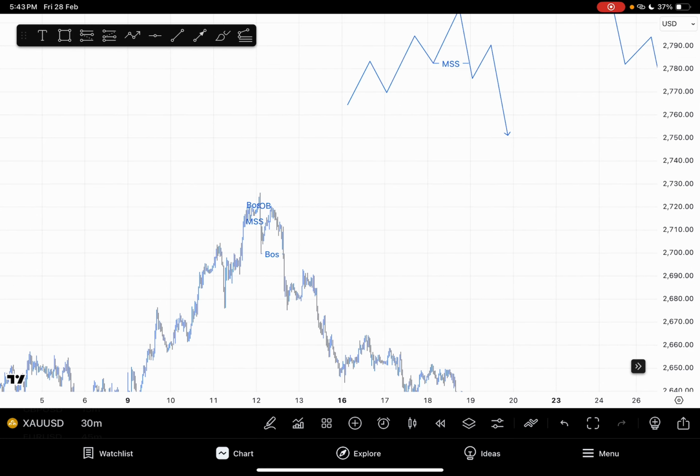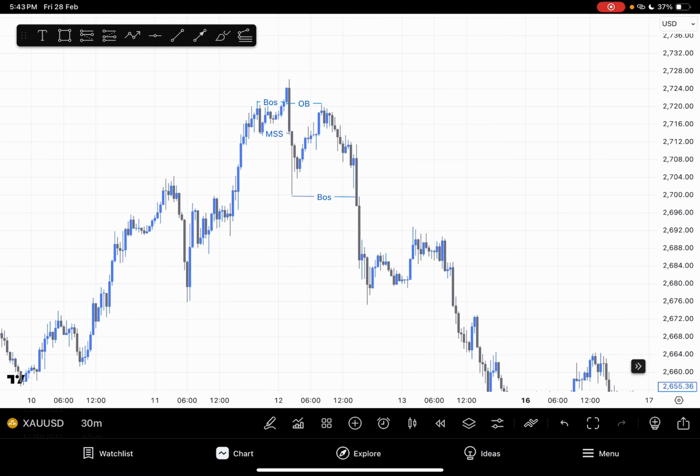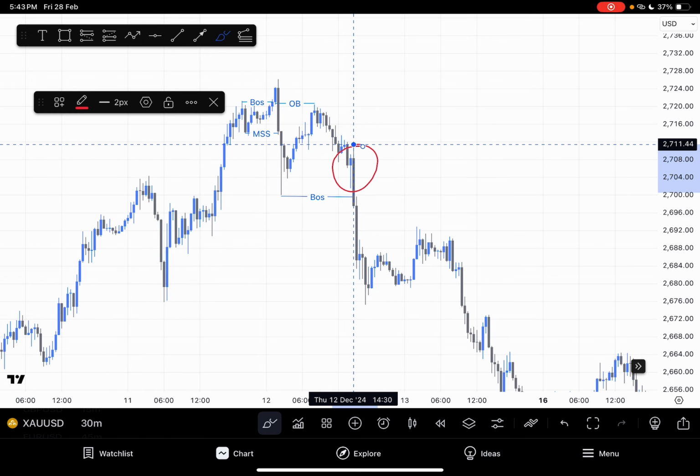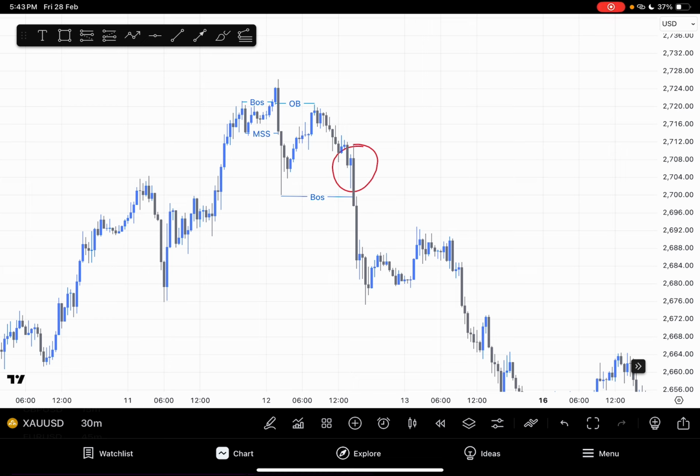So you can see this is the order block here. Remember what I told you, gold doesn't use order blocks. Gold only respects breaker blocks.